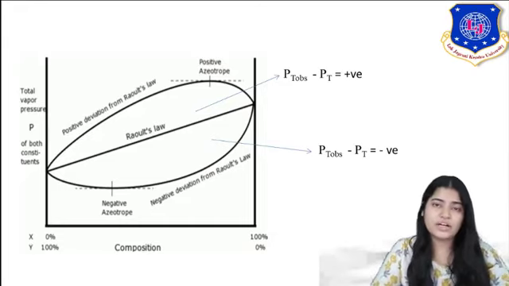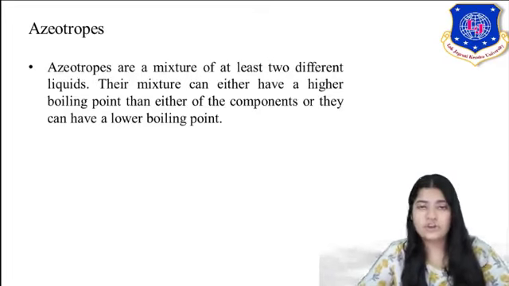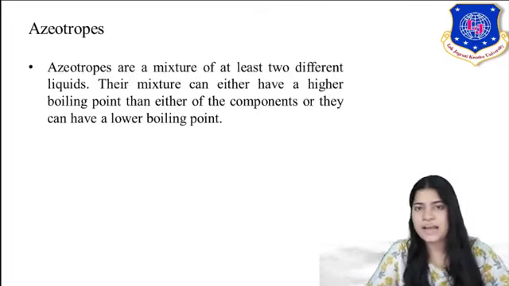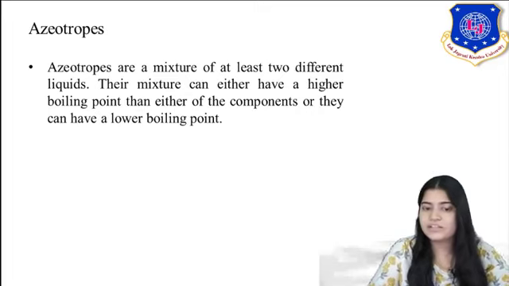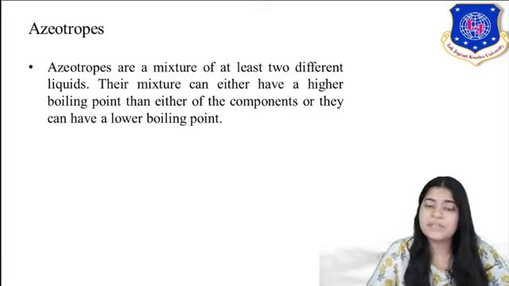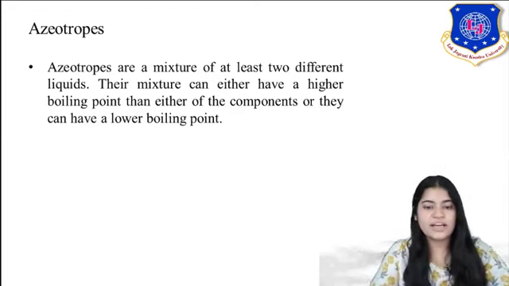Before continuing, let's have a look at what an azeotrope is. Azeotropes are a mixture of at least two different liquids; it can be binary and also more than two components. The characteristic of an azeotrope is that the mixture can have either a higher boiling point than either of the components or a lower boiling point.